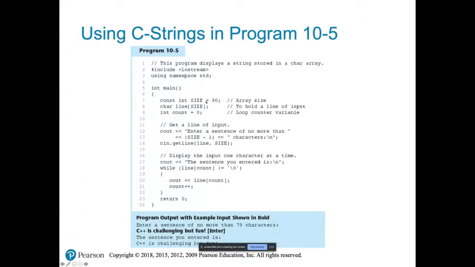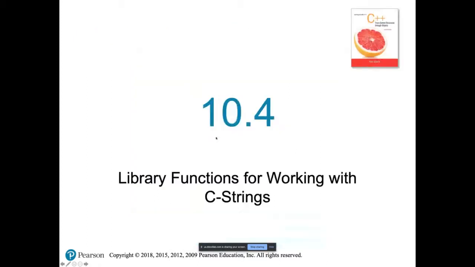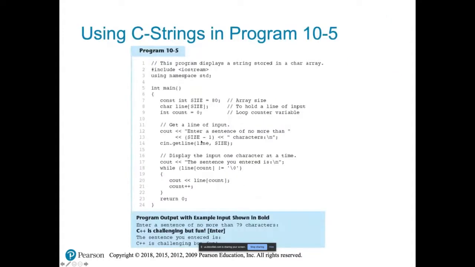Here's an example. They have size 80 right here, which means at most we can read in 79 characters because the last one has to hold the null terminating bit. So that's why they say enter a sentence of no more than size minus 1. They read in the entire line because they're using getline.